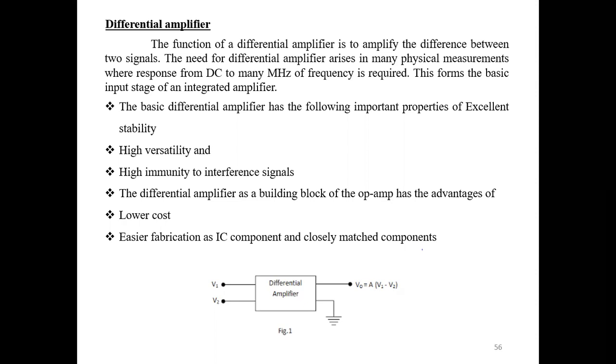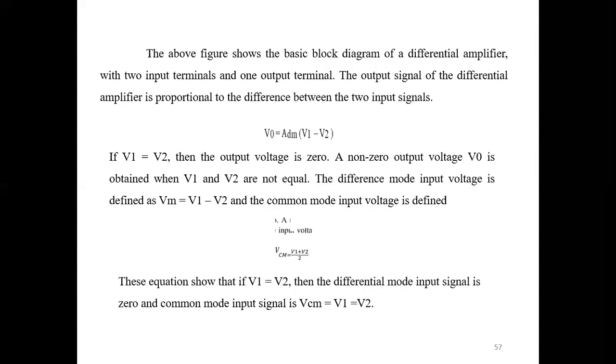The differential amplifier has two inputs V1 and V2, and the output is Vout equals A times (V1 minus V2). That is, the difference of V1 and V2 is amplified with the gain A. In general, in a differential amplifier we have two modes available: one is common mode, another is differential mode.